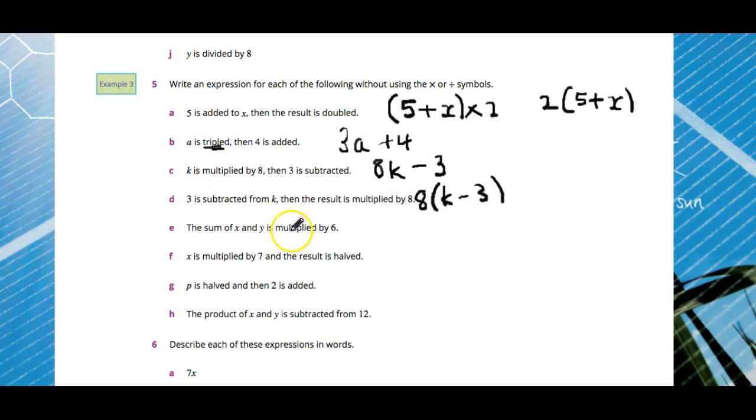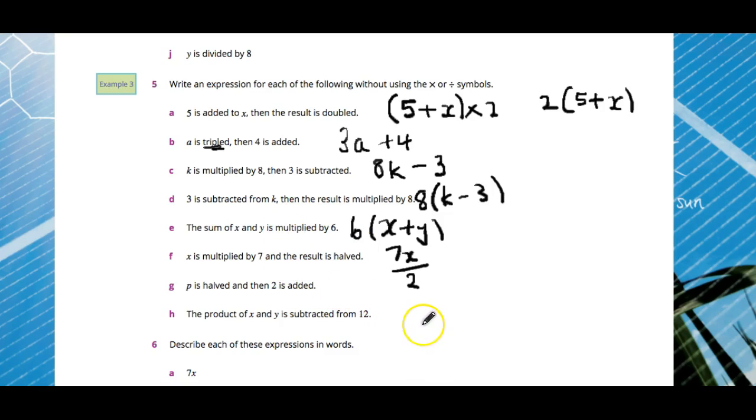The sum of x plus y is multiplied by 6. So the sum of x, so remember sum means to add, is multiplied by 6. X is multiplied by 7, so we've got 7x. And the result is halved, so it's divided by 2.